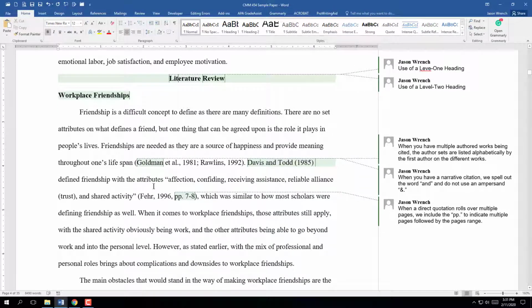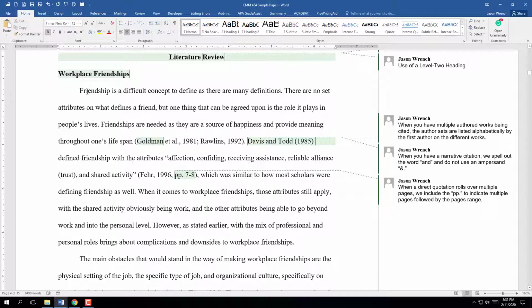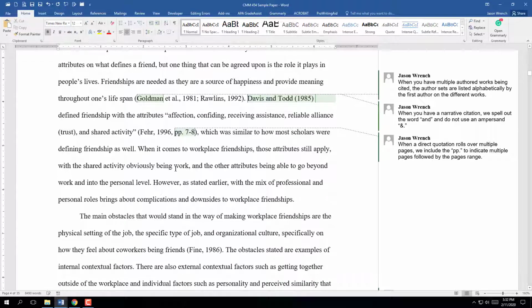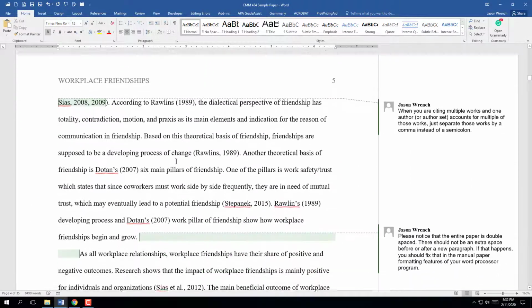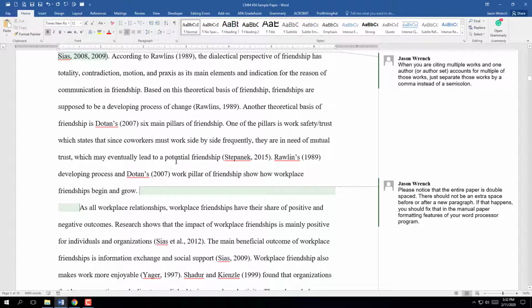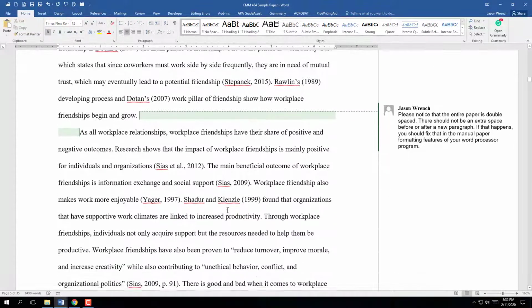So we then get into the very first section, which is on workplace friendships. This whole section is designed to give us information as to what workplace friendships are, and more specifically, what we have found about workplace friendships in the literature itself. If you go through here, it starts off pretty general. It talks more about general friendships, and then a little bit about the obstacles of friendships, and then it gets into more and more about why workplace friendships are positive and negative.